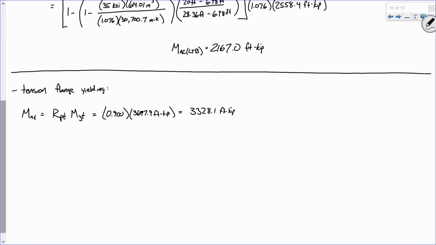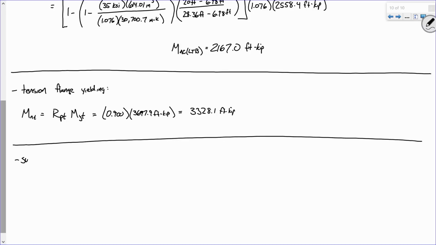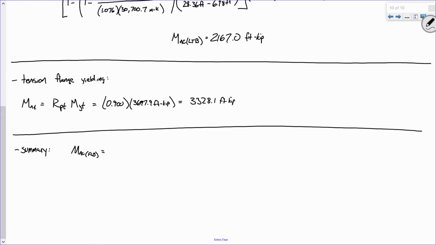Okay, so to summarize this long series of stuff that we have done, here's the long and short of it. Summary: we have an MNC for the compression flange in local buckling, which we know is 2731.5.